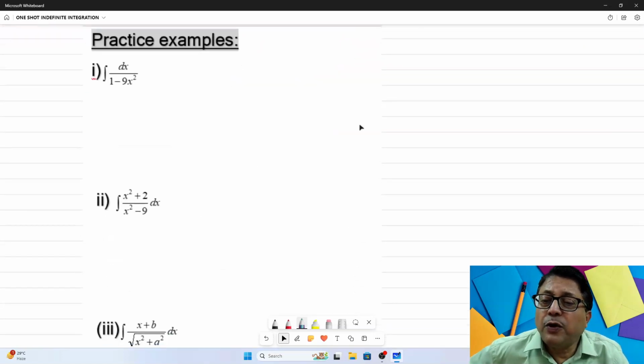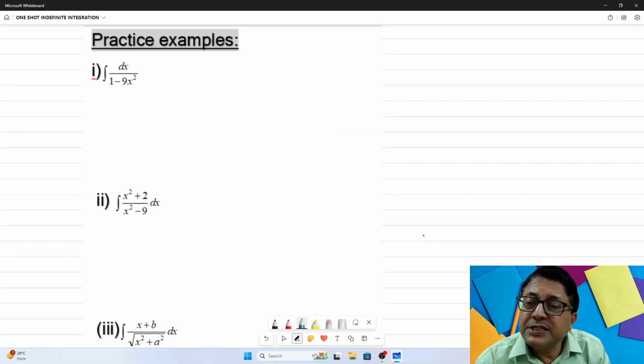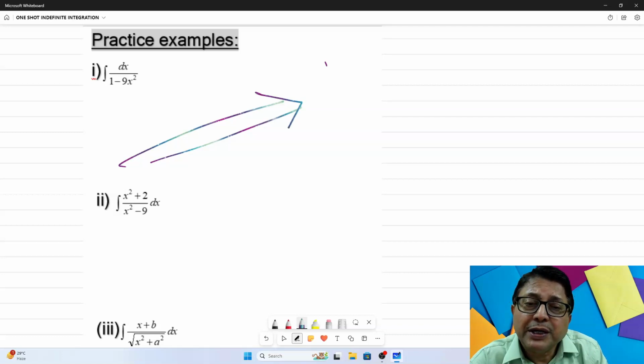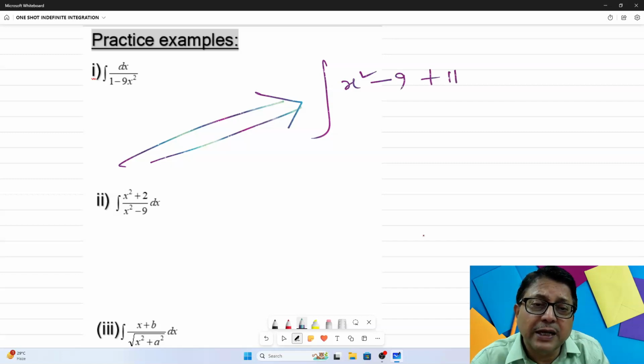Now let us go for the second example. In this second example, x square plus 2 is there. So what we need to do there? We need to write the numerator in the form of the denominator. You write x square minus 9 plus 11, divided by x square minus 9 dx.